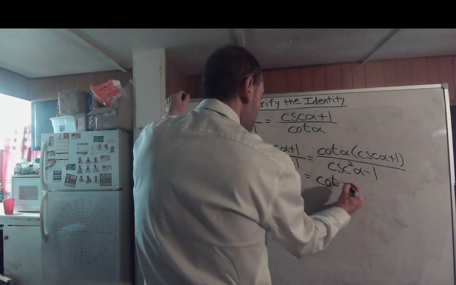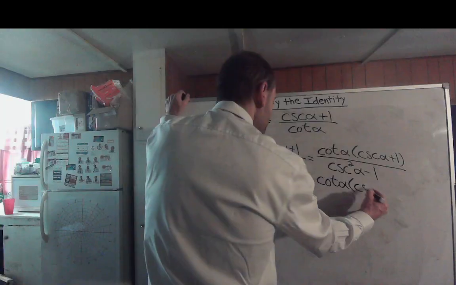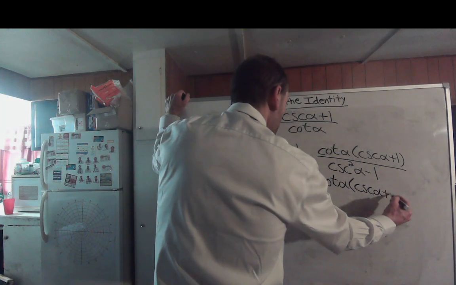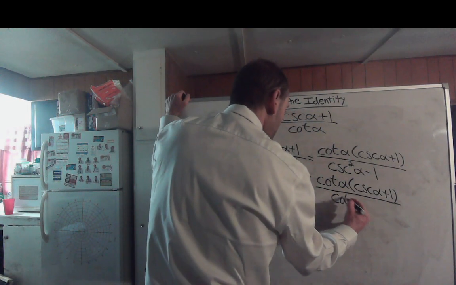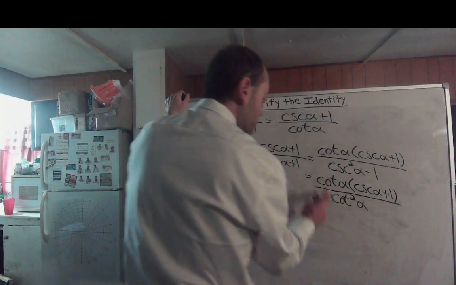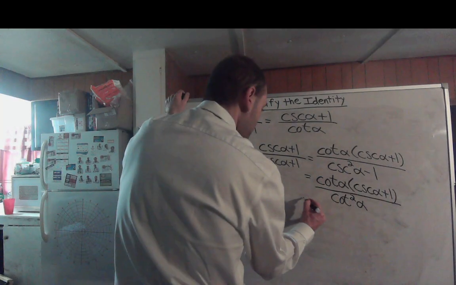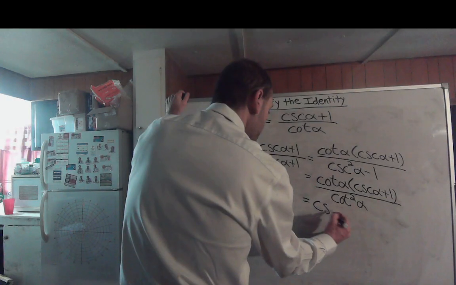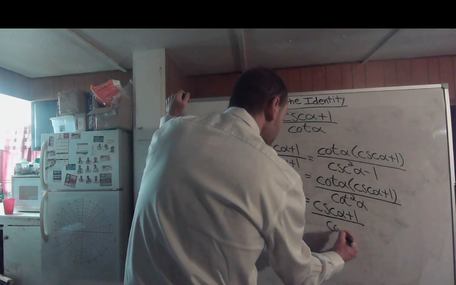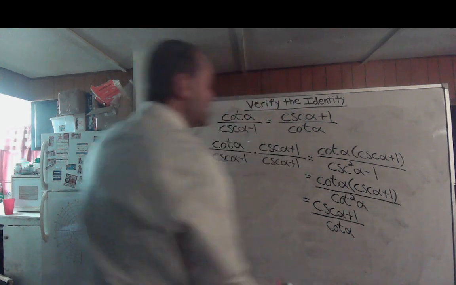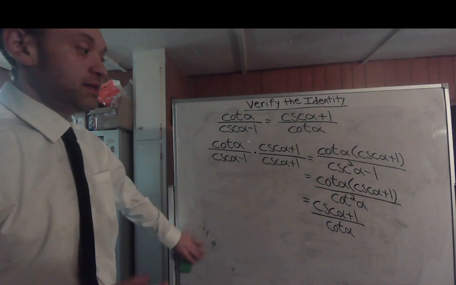So you'd end up getting cotangent of alpha times cosecant of alpha plus 1 all over cotangent squared of alpha, which a common cotangent will factor out. You end up left with cosecant of alpha plus 1 all over the cotangent of alpha. And write your therefore statement, and you got it.